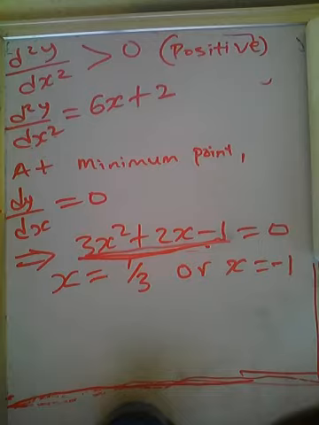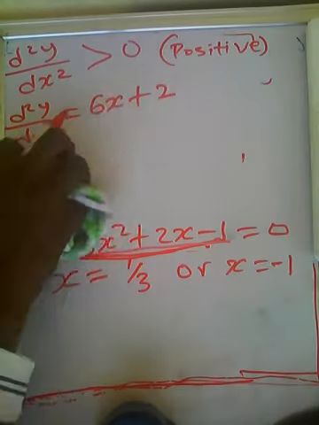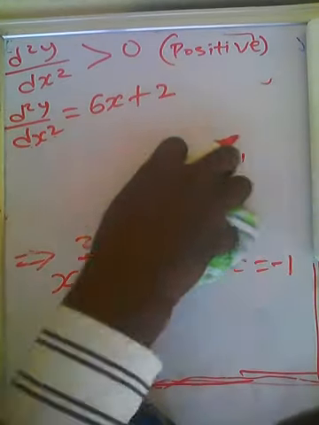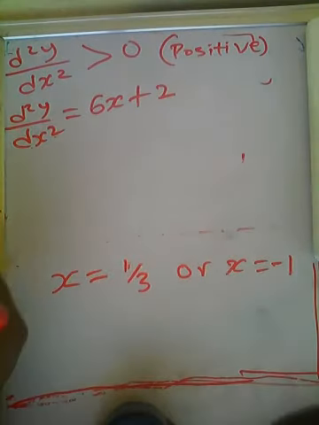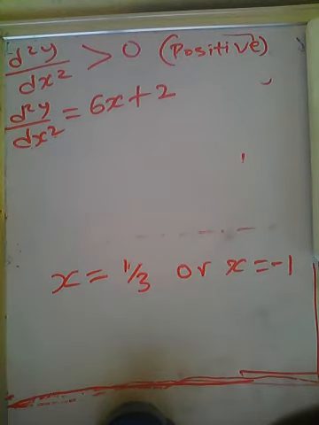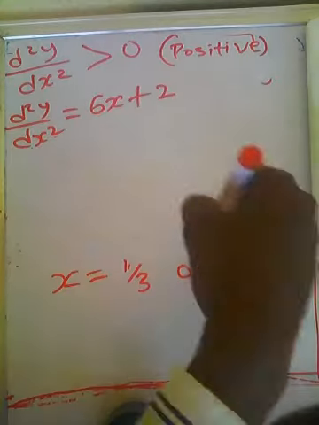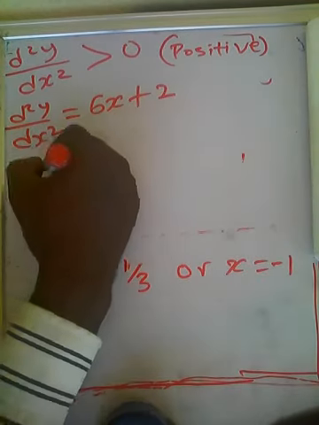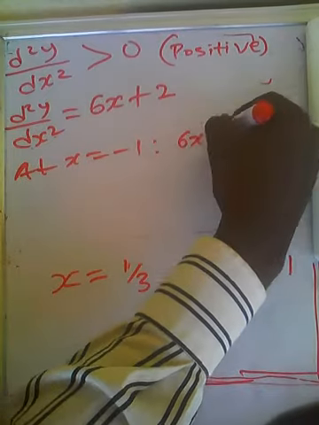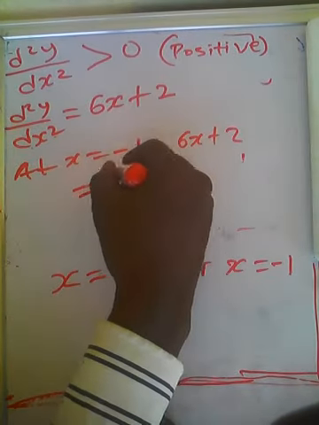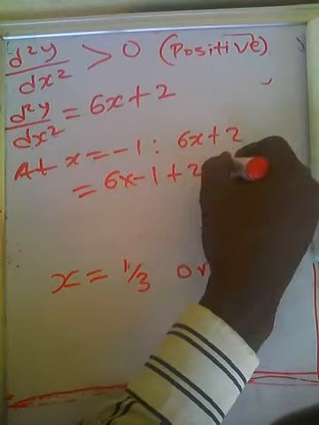Once we have gotten that, we now need to verify which value of x, 1 over 3 or minus 1, will make this positive, because it must be positive for us to take it as a minimum point. So at x equals minus 1, 6x plus 2 becomes 6 times minus 1 plus 2, and that is minus 4.